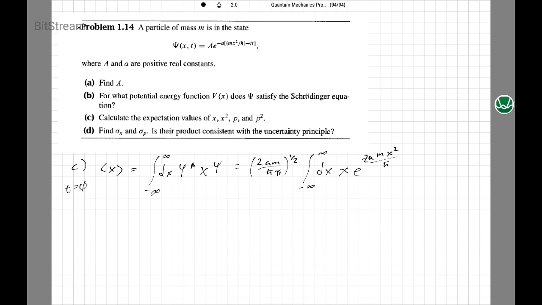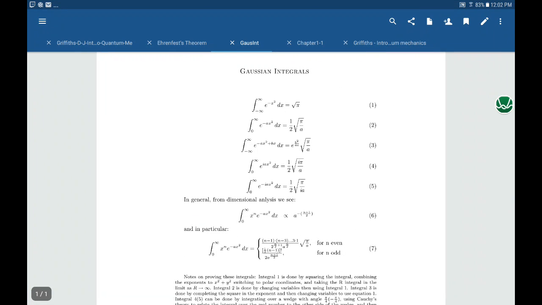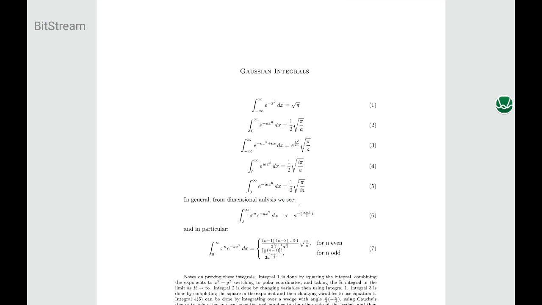Because we will get a specific constant value that I can get from an integral table if I do from 0 to infinity, but then I have to do the same thing again from negative infinity to 0. So we get this guy here.